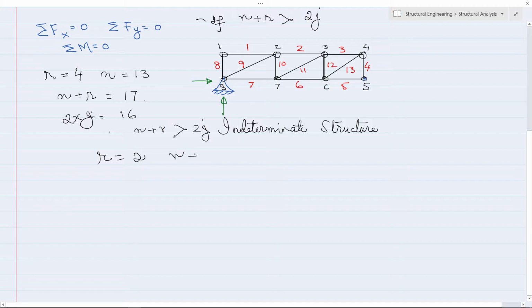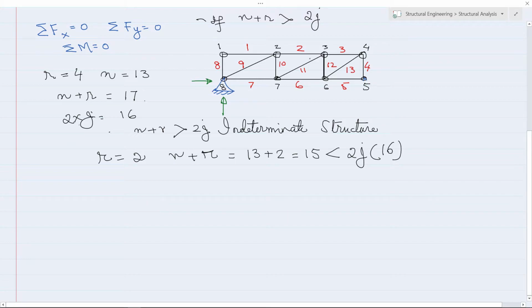So n plus r is equals to 13 plus 2, which is equals to 15. This is less than 2 times j, which is 16.